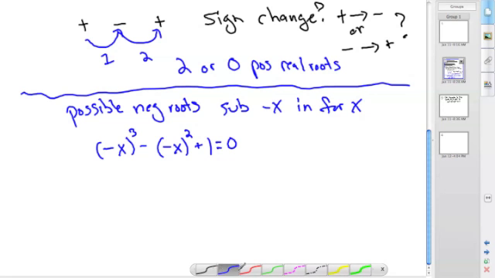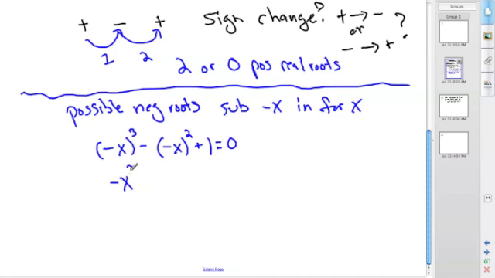From Algebra 1, you should know your rules: a negative raised to an odd power stays negative, so that's negative x to the third. A negative raised to an even power stays positive, so that's going to be minus x squared plus 1 equals 0.